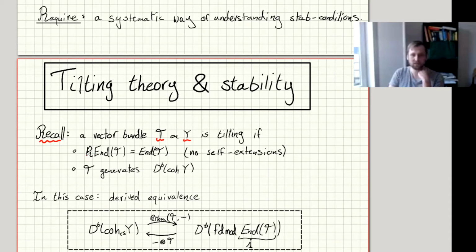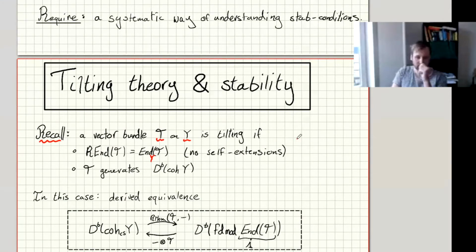So its endomorphisms, its derived endomorphisms in the derived category, are just the normal endomorphisms on the variety. And additionally, we want T to generate the derived category under triangles, so under extensions and subobjects and that sort of stuff.